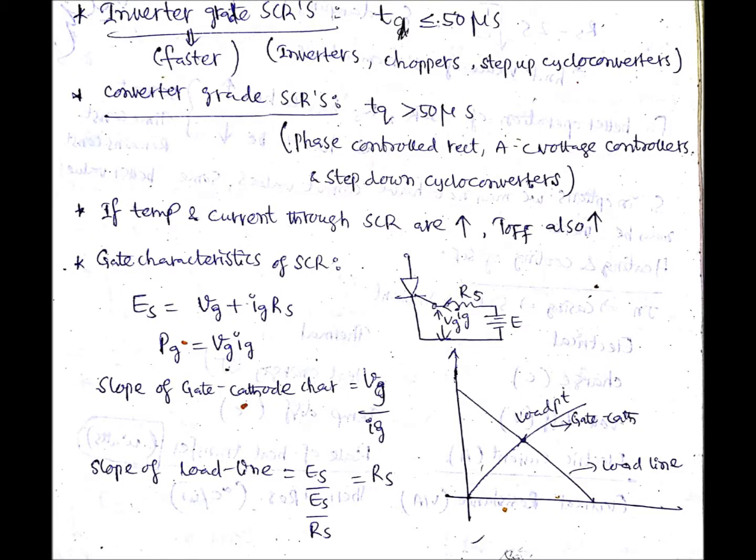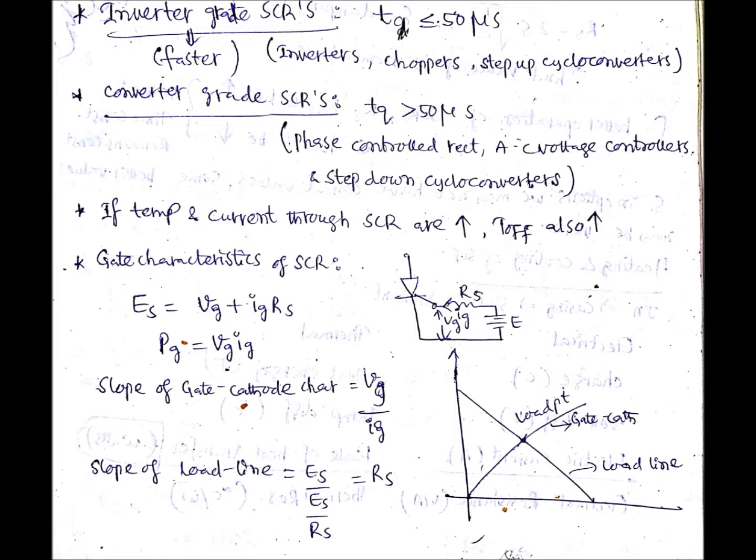Proceeding to the protection of the SCR, we will see two important types of SCRs, that is inverter graded and converter graded. In case of inverter graded SCRs, the devices will be faster. Faster means the turn off time should be less.